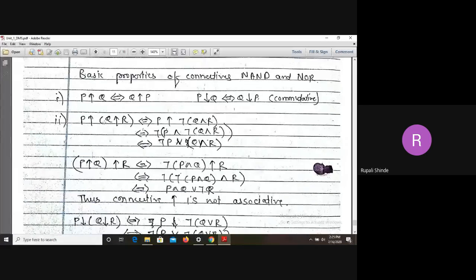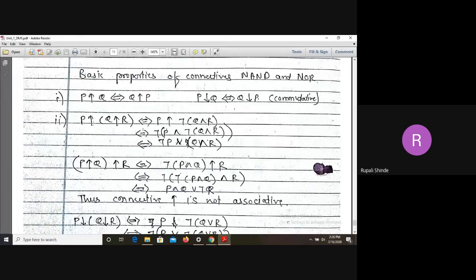Now check here, the bracket is in between Q and R. So now we have to change the position of the bracket. So we can take the bracket between P and Q as P NAND Q, and NAND R. Okay, so here we have constructed two formulas by changing the brackets between variables.